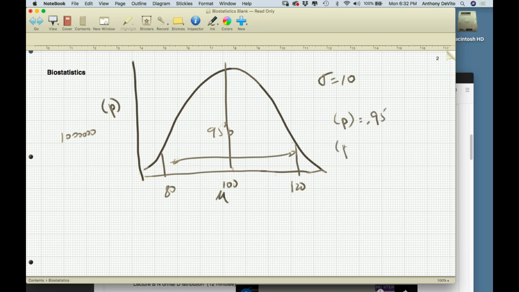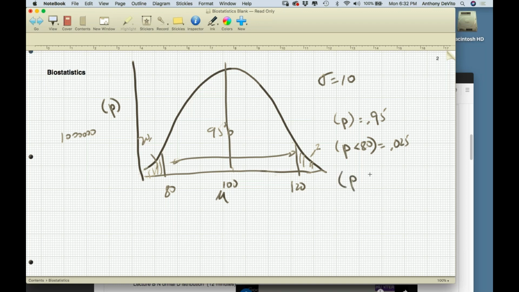If I ask you, what's the probability that their blood pressure would be less than 80, what's that probability going to be? Well, it's going to be what's left here. And what's left here, because these are symmetrical, is going to be 2.5% here and 2.5% here. So the probability that you would randomly select someone that's got a blood pressure less than 80 in this population is going to be 0.025, 2.5%.